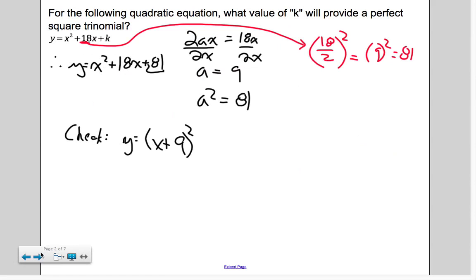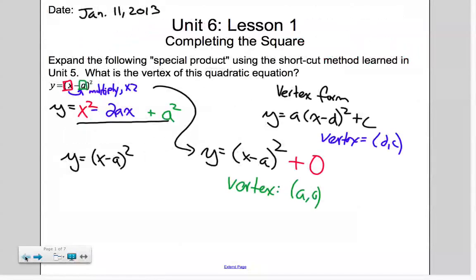We got something squared here. We need something squared here, which was k, but this middle term was 18x. So in general, we need to figure out what the a value is, because a was being squared to get that final value.